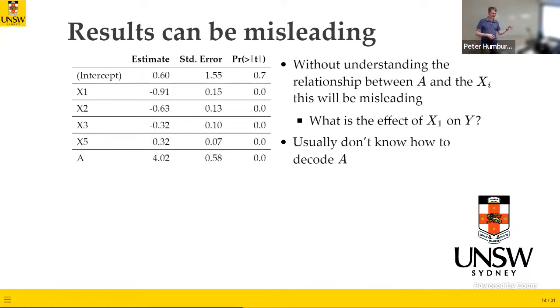But if you want to look at a table like this and interpret the estimates for the coefficients, you have a bit of a problem, because if you look at this table and I ask you, what's the effect of x1 on y, you're probably going to say something like, for each unit of increase in x1, y will decrease by 0.9 or so.